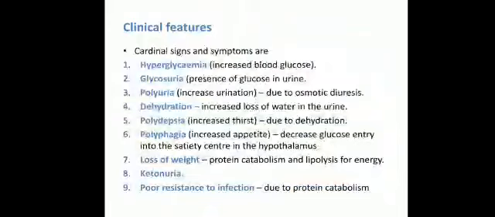Point number 5, polydipsia, which is increased thirst, where again the stimulus is the dehydration. Then polyphagia, which is increased appetite. Why is the person feeling more and more hungry? Please recollect the point I told you, that for the glucose to enter the tissue of the satiety center of the hypothalamus, insulin is required.